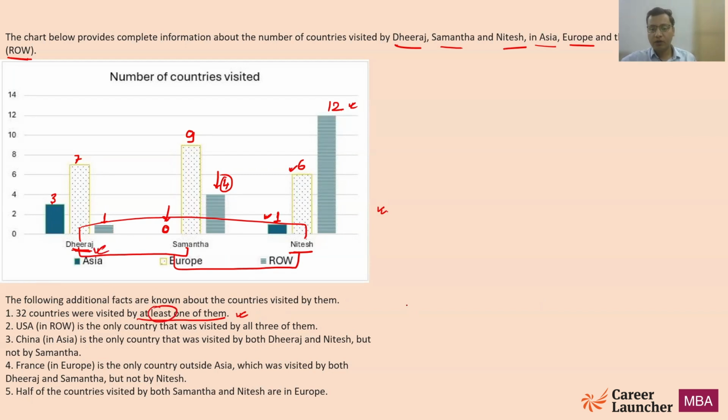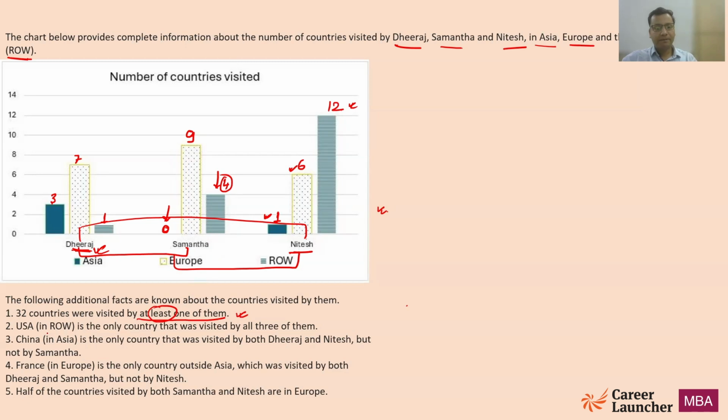So at least one of them means there will be only one, or both 1 and 2, or all 1, 2, and 3, right? So there will be combinations, either Dheeraj or Samantha or Nitesh, or a combination of 2, which can be Dheeraj and Samantha, Samantha and Nitesh, or Dheeraj and Nitesh, who can have traveled to these 32 countries. Now, look at the second statement.